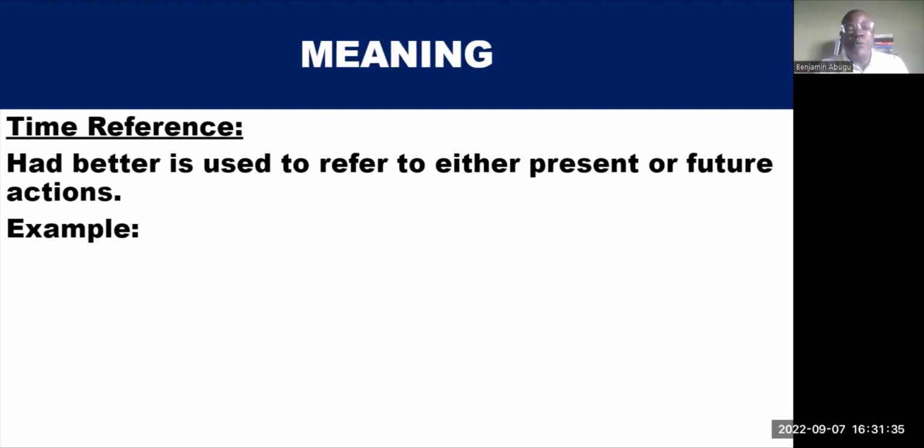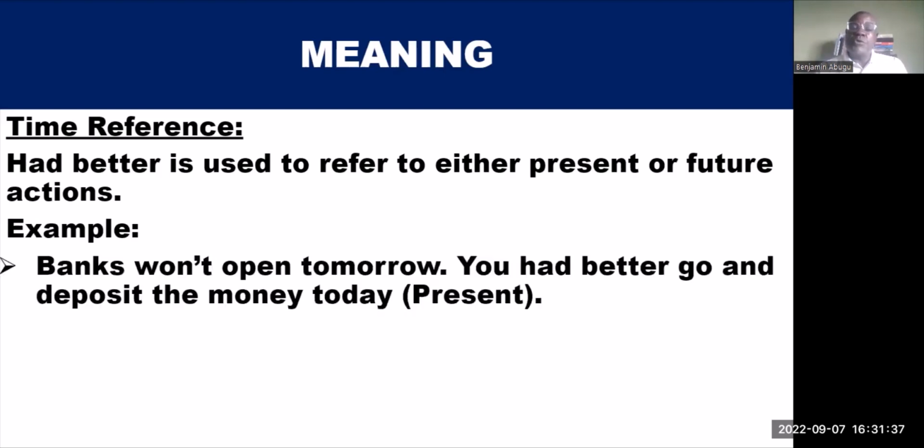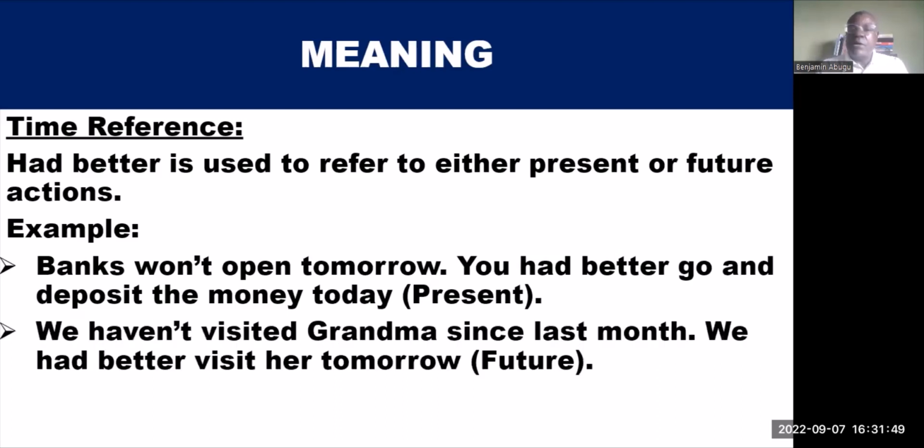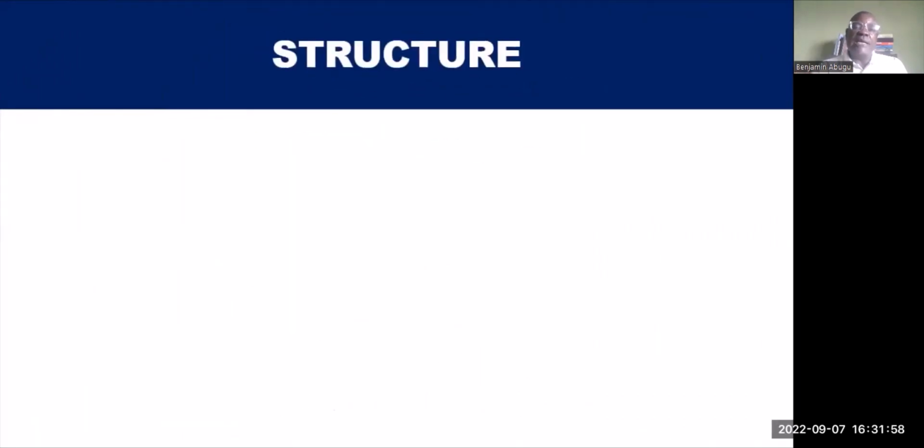For example, banks won't open tomorrow. You had better go and deposit the money today. Had better is referring to the present action. We haven't visited grandma since last month. We had better visit her tomorrow. Future reference, okay? So you're either using it to refer to the present or to the future.